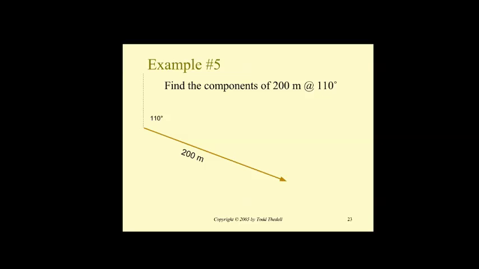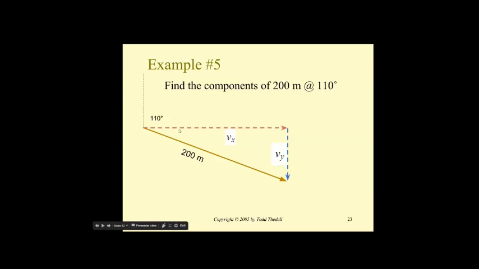So I have this 200 meter vector going along that 110 degree angle. First thing I do is draw out the vectors. So the Vx is along the horizontal axis, and the vertical Vy is on the other side, forming this right triangle, because remember the two components are perpendicular to each other.